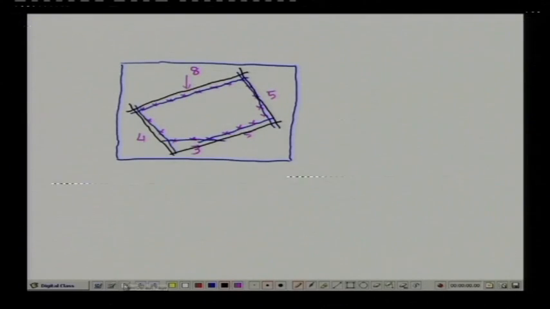Now, the problem comes when this straight line tries to be vertical, that is parallel to the y axis. If the straight line is vertical, then the slope of the straight line, that is the value of m, tends to be infinity. And in this formulation, we cannot tackle the value of m which becomes very large or which tends to become infinite. So, what should we do to solve this problem?